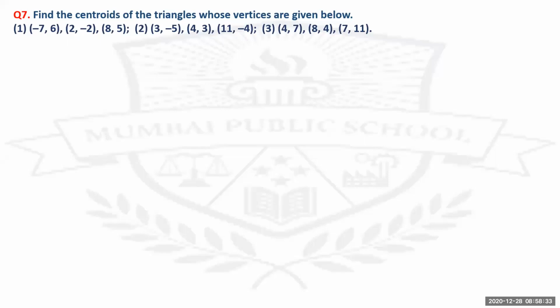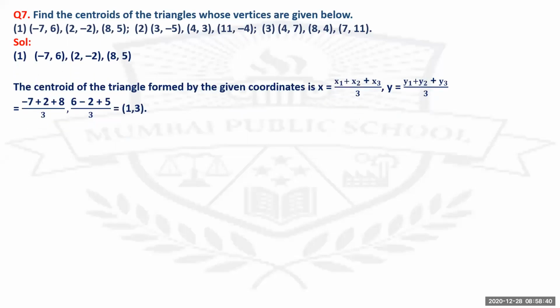So let's begin. Now you all know what the centroid formula is. The centroid of the triangle formed by the given coordinates is, for the x coordinate, x1 plus x2 plus x3 upon 3, and for y it is y1 plus y2 plus y3 upon 3. So you're just going to substitute the values.